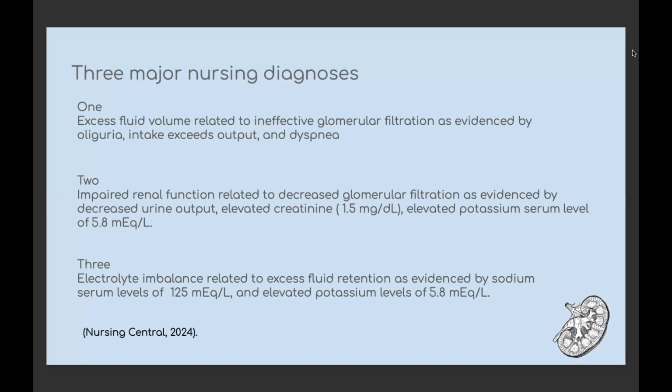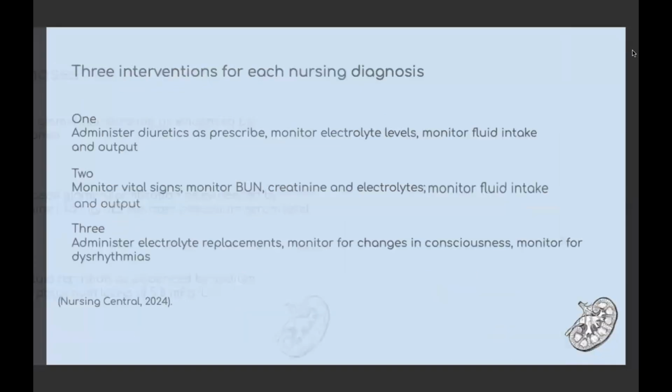And then for the three interventions for each of these nursing diagnoses, for the excess fluid nursing diagnosis, we would administer diuretics as prescribed, monitor electrolyte levels, and monitor fluid intake and output. For the second one, which is impaired renal function, we will monitor vital signs when there's fluid retention and increased sodium levels.